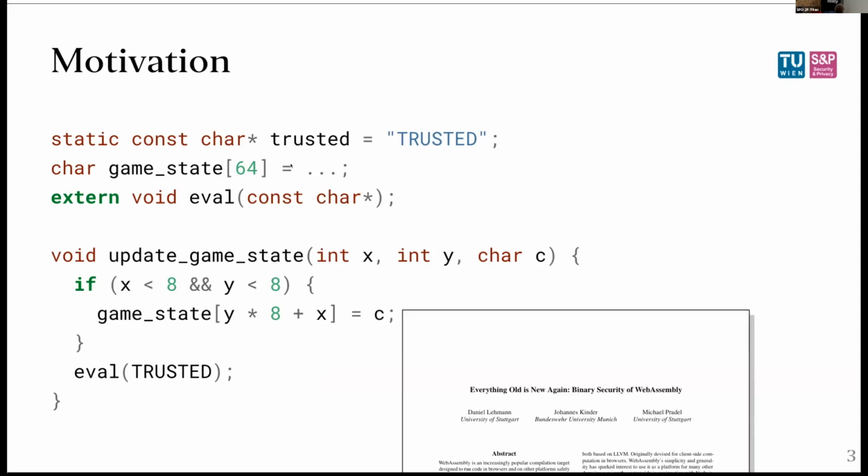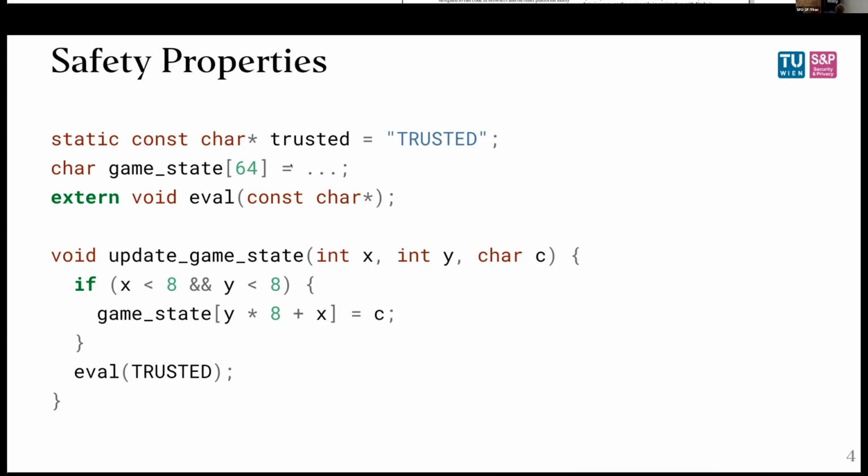That is not our contribution. That is one of the first impactful WebAssembly papers by Daniel Lehmann et al. But yeah, so how might we want to address this? And since we are doing static analysis, our answer is of course static analysis with so-called safety properties.